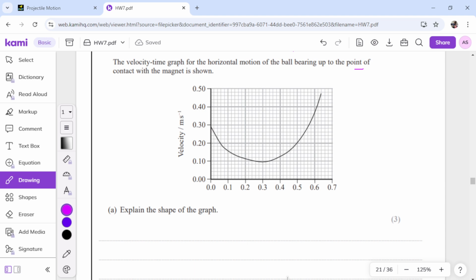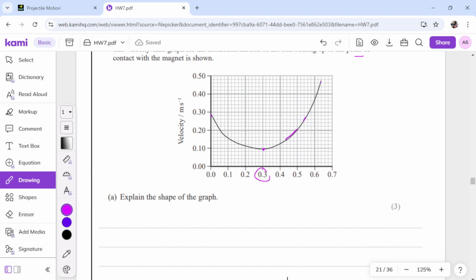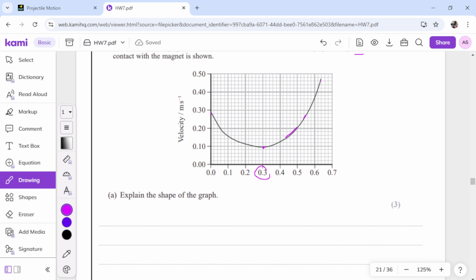So as you see, first, what happened to the speed? The speed decreased until this point. Then the speed starts to increase. We have acceleration here until it reaches the maximum velocity. So if you want to explain the shape, you have to explain what happened to the velocity.